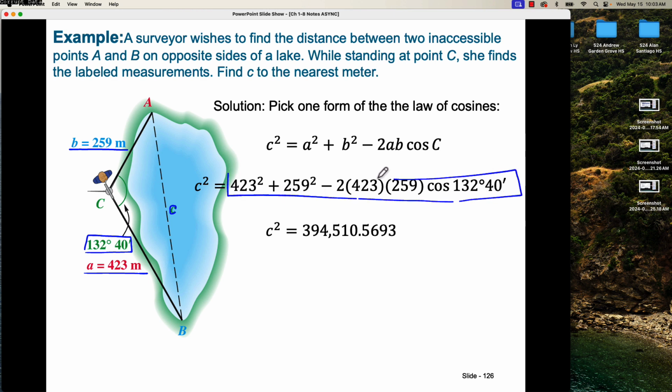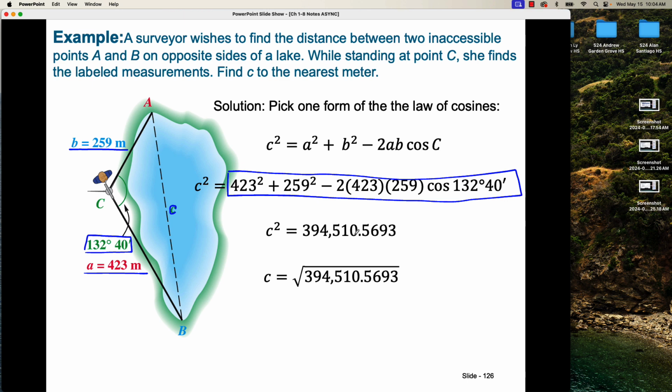At this point, we can pick up our calculator and type this in carefully, traveling from left to right. Be careful with your order of operations. If we type that in correctly, we'll get 349,510.5693, and then we'll need to take the square root of both sides.